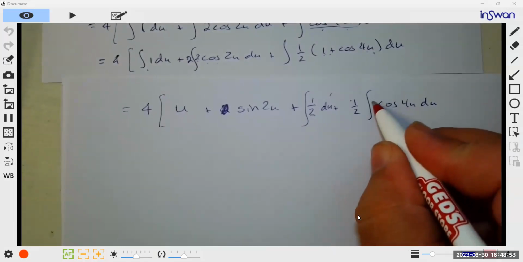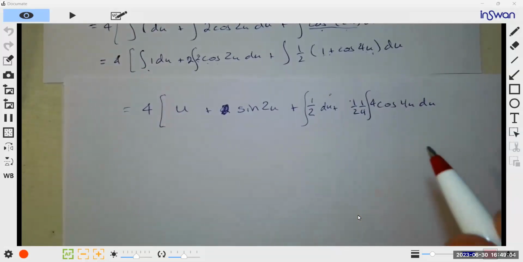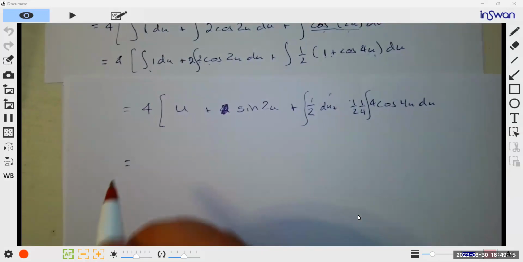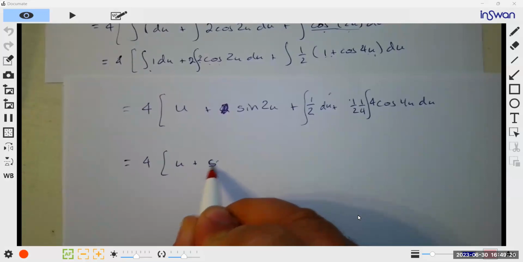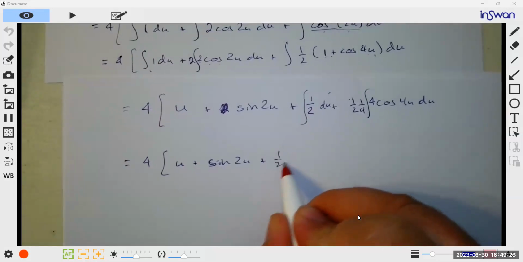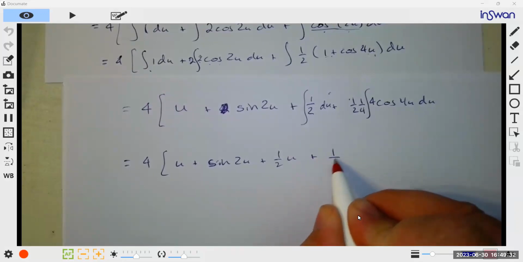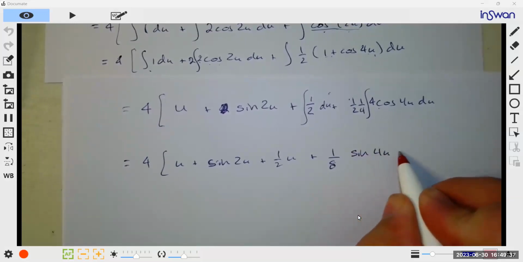So in order to do this integral, I need to have a 4 in front, so I have to divide by 4. So we have u plus sine 2u, which is 1/2 u plus 1/8. The integral of that is sine 4u.